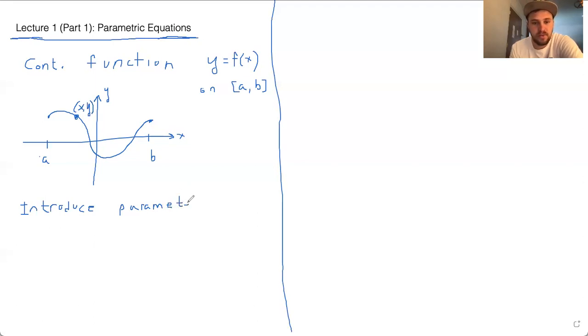If we introduce the parameter t, then we can write these x coordinates and y coordinates as functions of this parameter t. We get two functions, x equals x of t and y equals y of t. These are what we call the parametric equations.